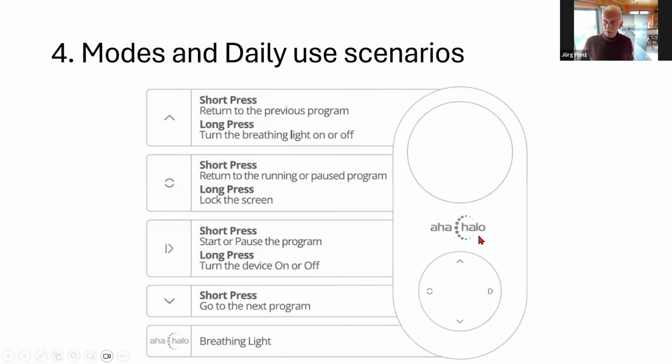Now let's talk a little bit about how to best use everything. Okay, so I told you this is the on-off button. If you push and hold it, it switches off; if you just click it, you start the program or restart the program when it was paused.